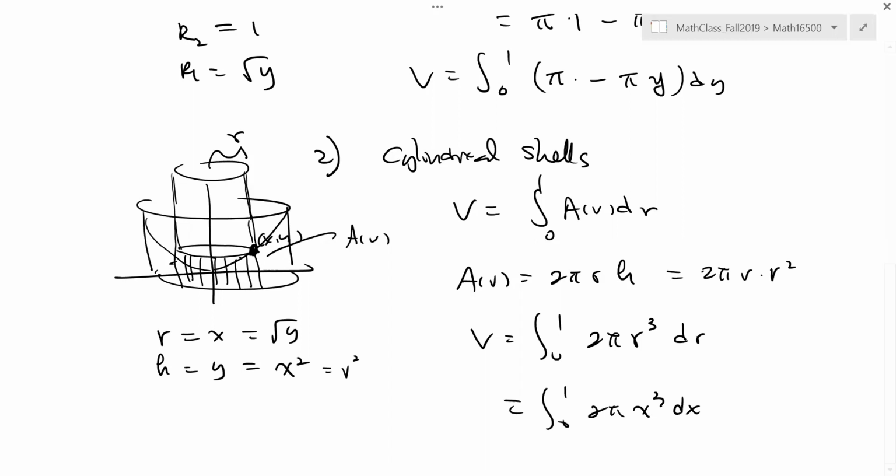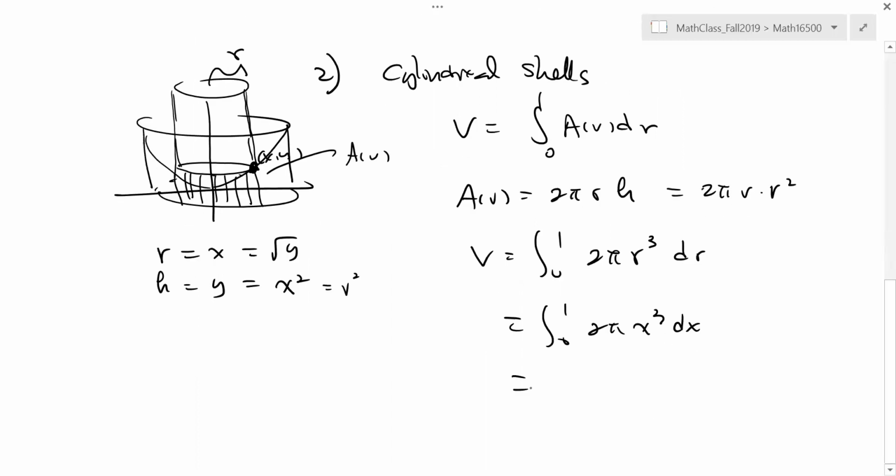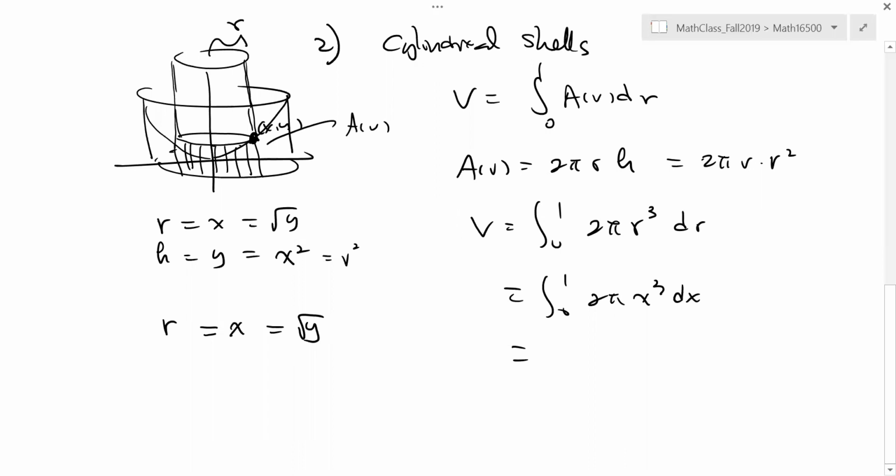But you can also get the Y variable. The Y variable is a little bit complicated because the reason is X is equal to R, right? So R equals X, but X is going to be square root of Y. If you really want to use the Y variable, then R equals this, and then dr equals this dy.